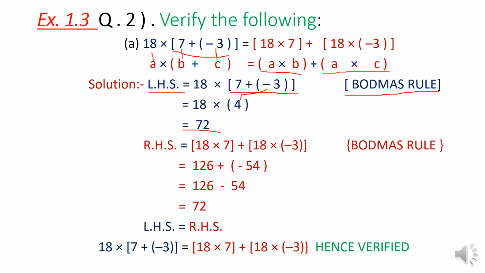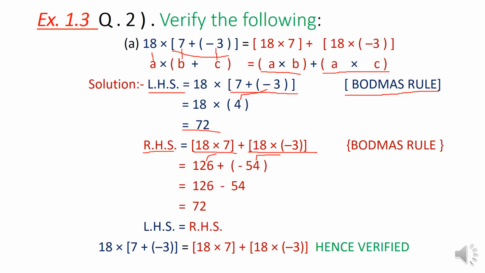Similarly, let us consider the RHS. In the RHS you have 18 multiplied by 7 plus 18 multiplied by minus 3. Again you have to apply the BODMAS rule. If you multiply 18 by 7, this will become 126, and if you multiply 18 and minus 3, this will become minus 54, because plus multiplied by minus will become minus.